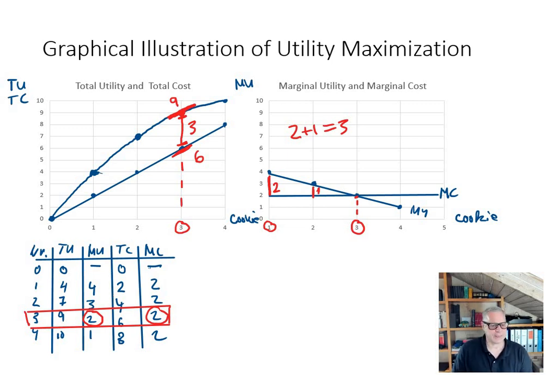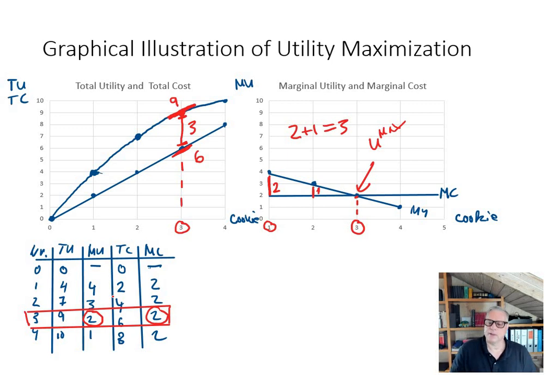Okay, but what's important is to see here, this is the maximum utility, because the marginal utility equals marginal cost. So you have the first cookie because the marginal utility is 4, but you have to pay only 2. So you take it. If you have a second cookie, you still get a marginal utility of 3, so your willingness to pay is 3, but you have to pay only 2.